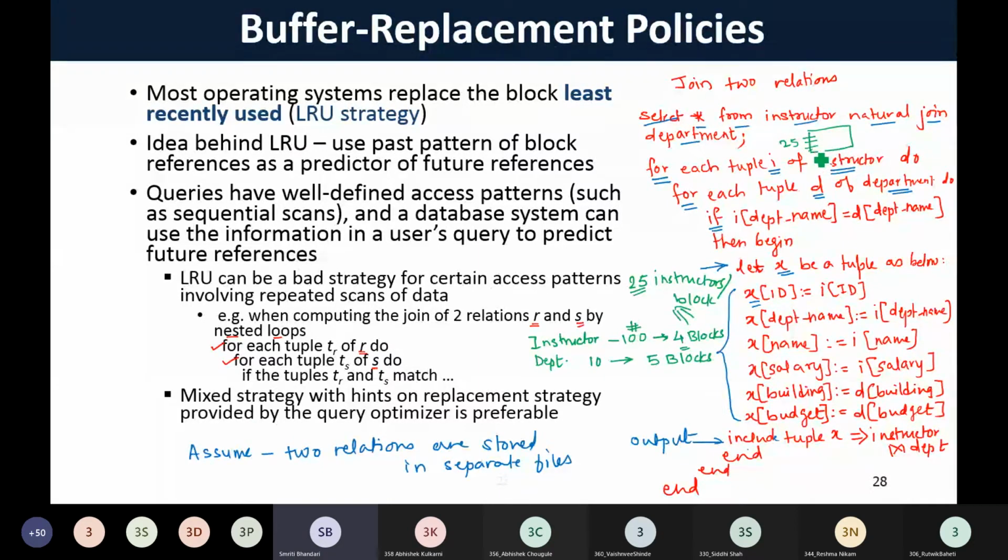So whenever I am processing the last tuple from this instructor block, I do not require this block anymore in my buffer, because I have processed all those tuples that are present in this block. So once again, I do not require to use this block.